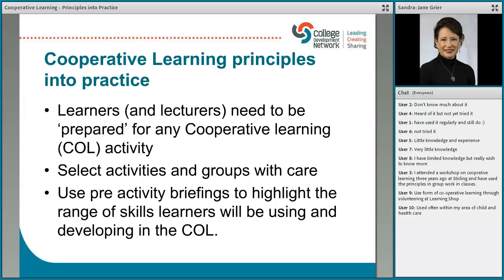But when running or setting up cooperative learning groups, you really need to consider carefully the composition and the nature of the groups. And this includes considering the individual student skills, but also their status within the class. True cooperative learning tasks are rich or complex in nature, and they require a wide range of skills and experience to actually achieve that end output or that final goal.